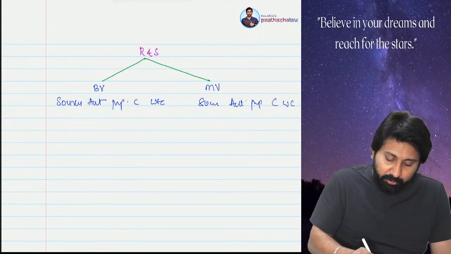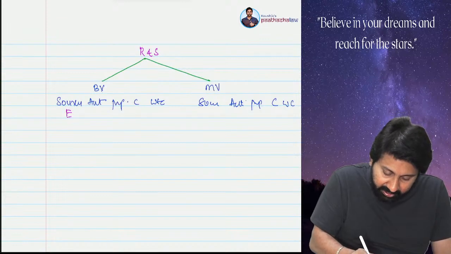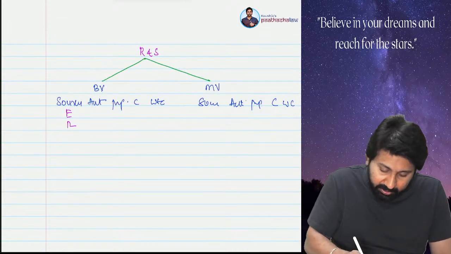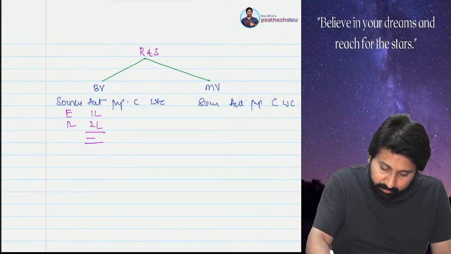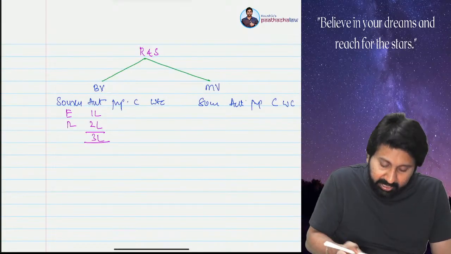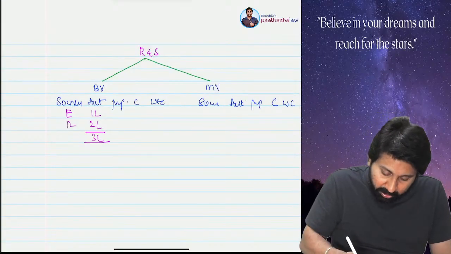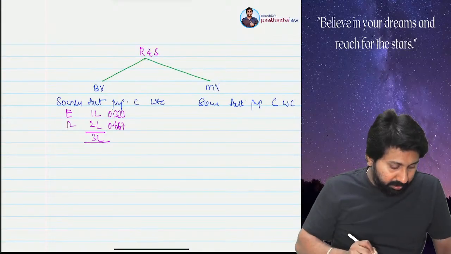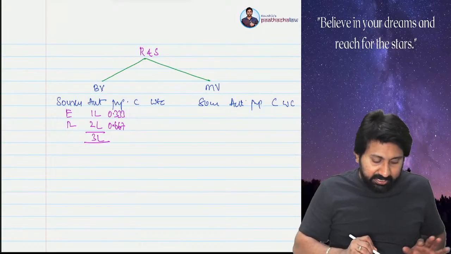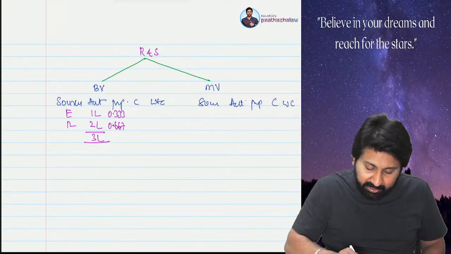First, what you need to do? Sources: equity, retained earnings you will take. 1 lakh, 2 lakhs you will take. 3 lakhs in total. 1 on 3, 0.333. 2 on 3, 0.667. Like this you will consider.